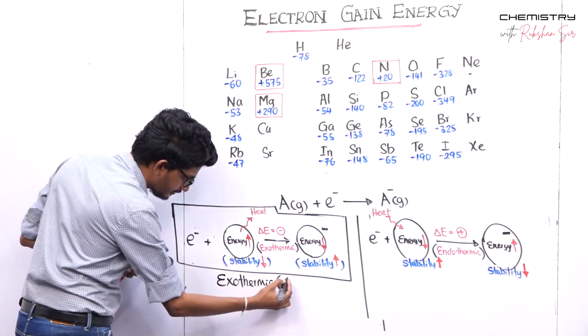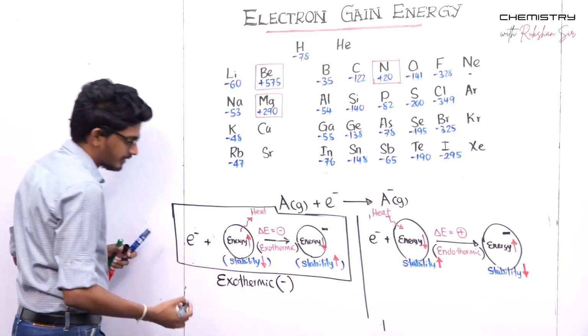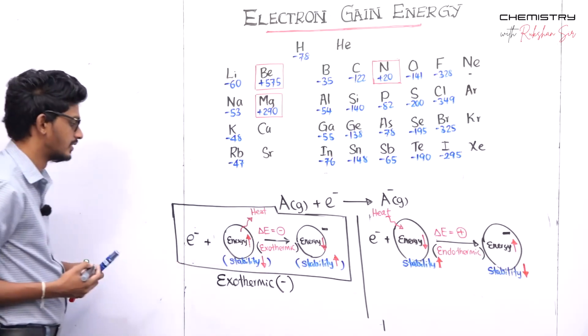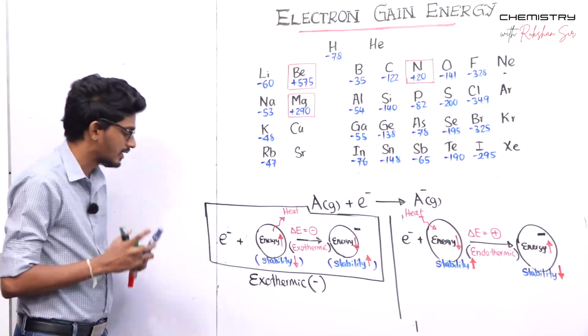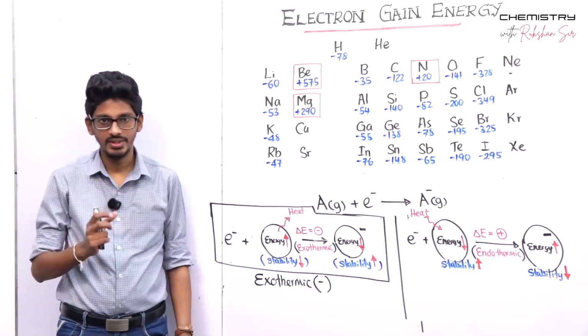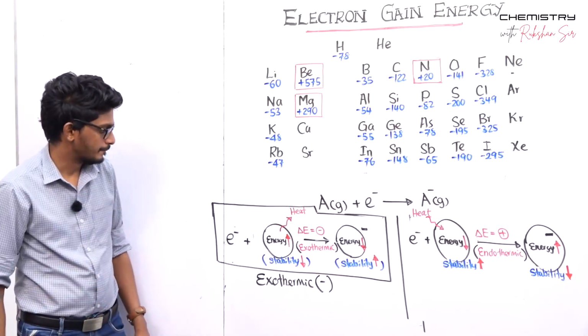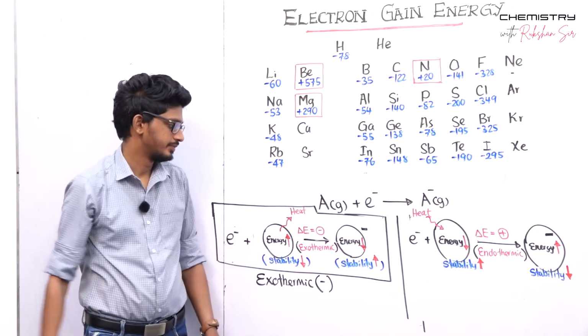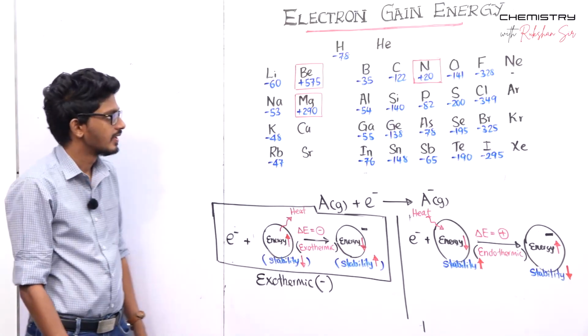What are the patterns you would observe with the exothermic, the negative values?